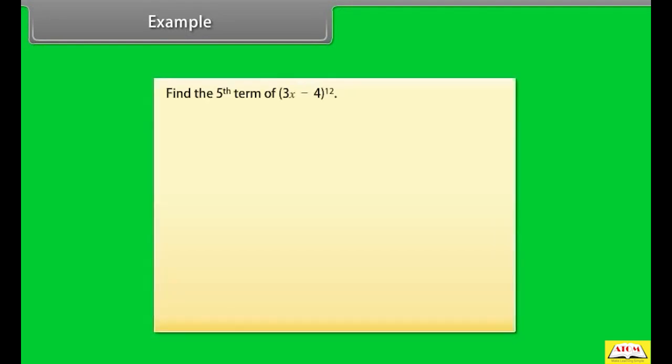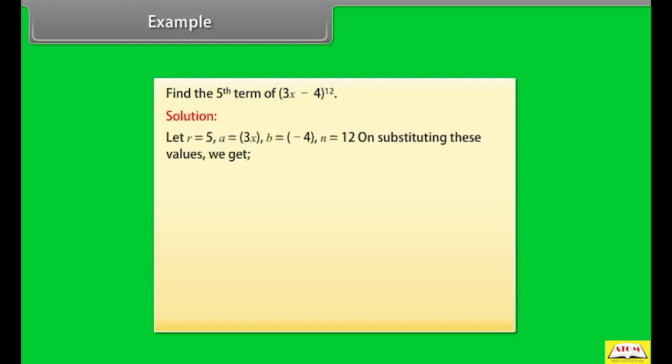Example: find the fifth term of (3x − 4)^12. Solution: let r equal 5, a equal 3x, b equal minus 4, and n equal 12.